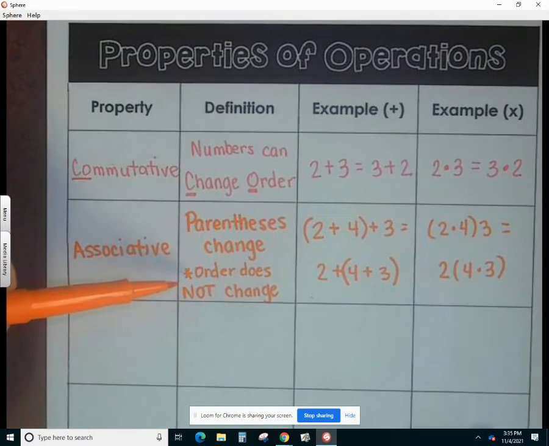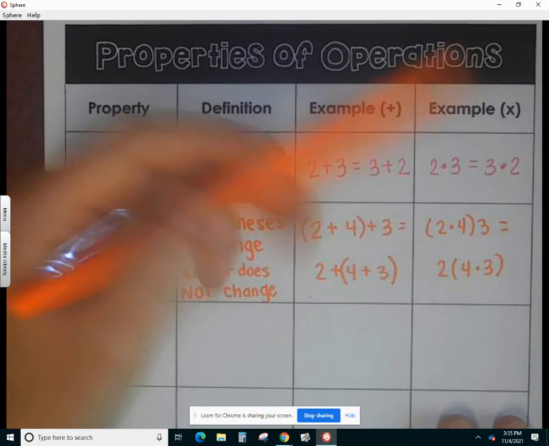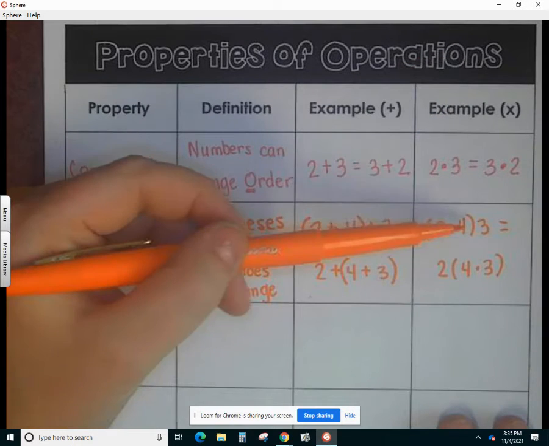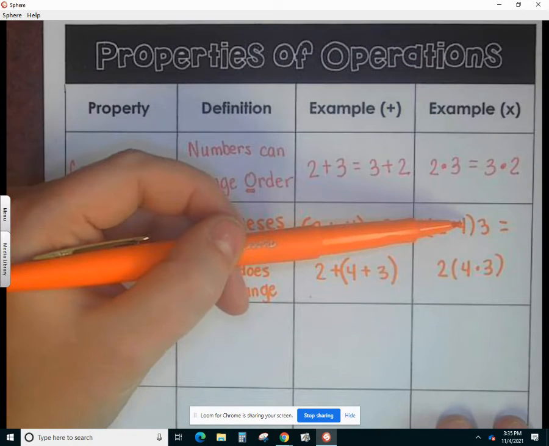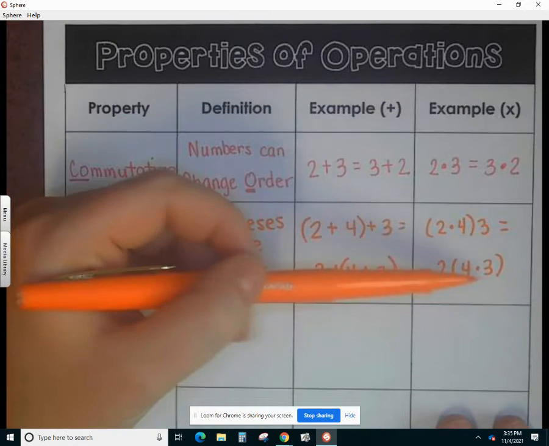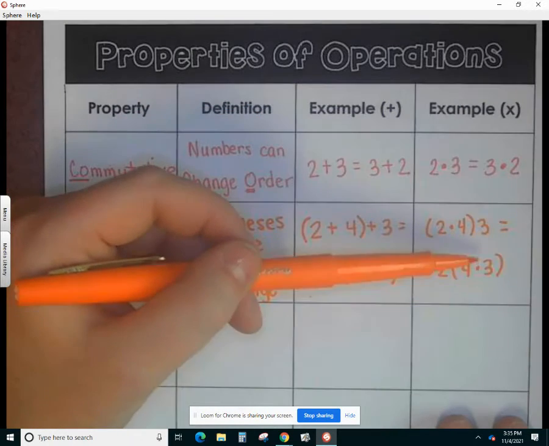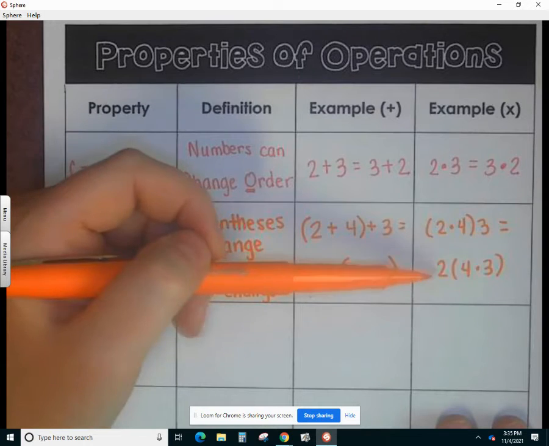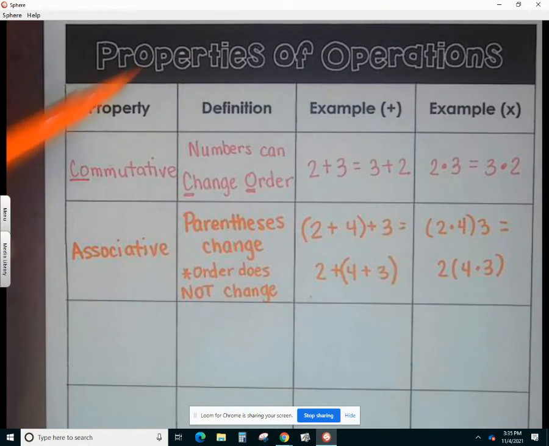The order has to stay the same. Okay, so let's prove it. So in the parentheses, 2 times 4 gives me 8, and 8 times 3 is 24. Over here, I have to do what's in the parentheses first. 4 times 3 is 12, and 2 times 12 is also 24. So again, if I keep the order the same and I move the parentheses, I'm still going to get the same answer. That's what the associative property tells me.